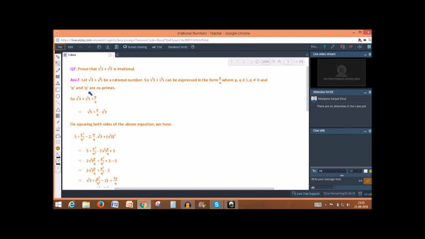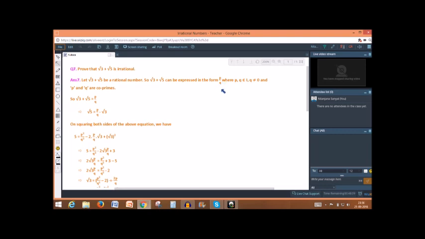That means they do not have any common factor between them. It does not mean that p and q are prime numbers. P can be equal to 8, q can be equal to 9. Neither 8 nor 9 is a prime number, but 8 by 9 is a rational number because p and q are co-primes.